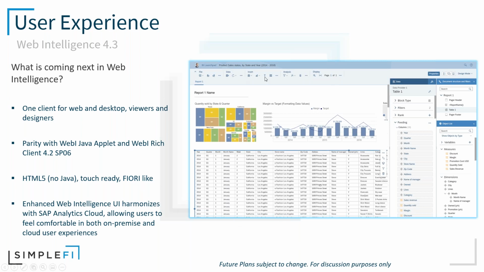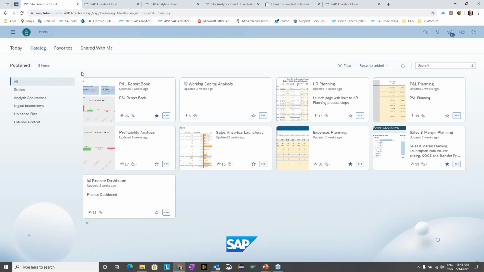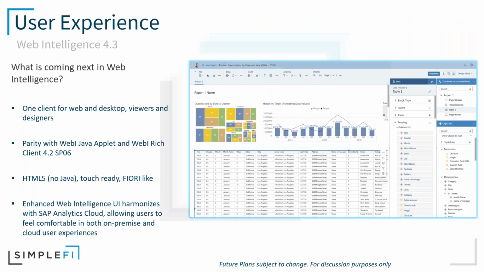And if you really pay attention, it looks a lot like Analytics Cloud, which I've been playing with in the past few minutes. Obviously, it's Webby, so the functionalities are a bit different, but a lot of effort was put into making it look like Analytics Cloud. So if you put your Webby into an Analytics Cloud catalog and put single sign-on between Analytics Cloud and business objects, you can clearly imagine that your end users won't see the difference.